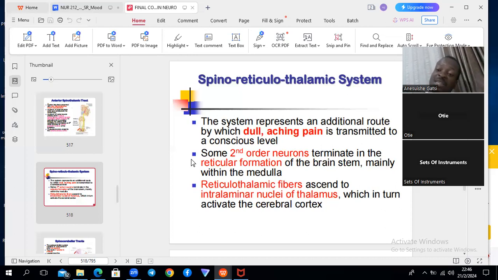The thalamus can perceive some of that pain through these spinothalamic and spinoreticular fibers. Where the spinoreticular fibers go in the thalamus is a different set of nuclei. I will not talk about these nuclei now because it's a bit hard for you if you haven't done the thalamus.